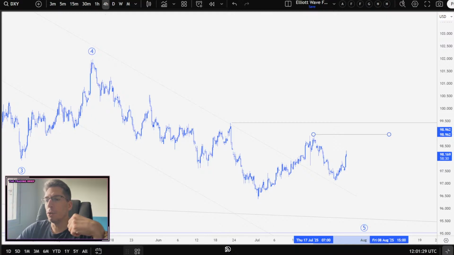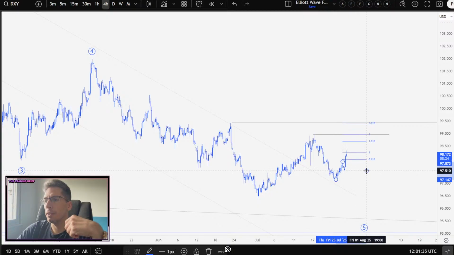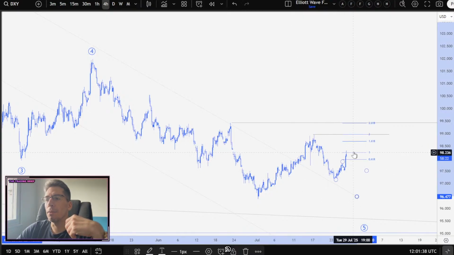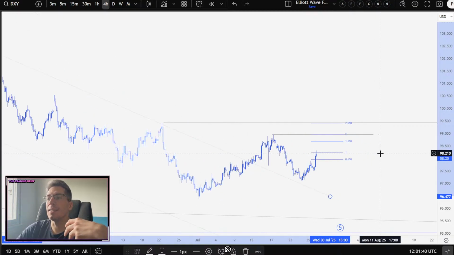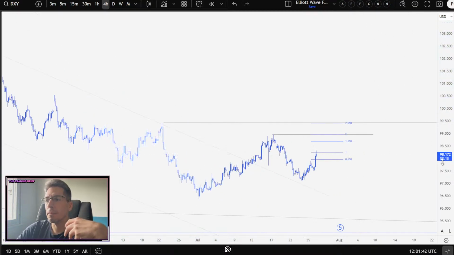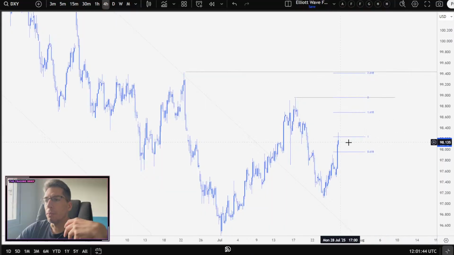If we draw a Fibonacci expansion from here to here, and then project it from here, we can see that price found a resistance, or better to say, is currently going for a resistance around the equal X. Definitely the best scenario would be that we see a push down from the current levels, and that's the main plan.